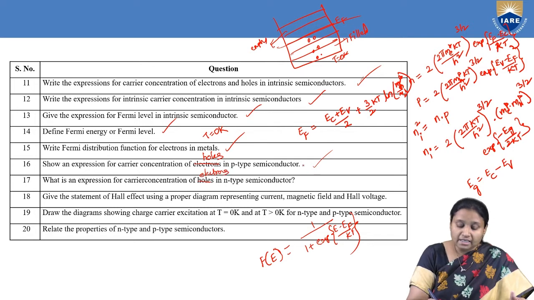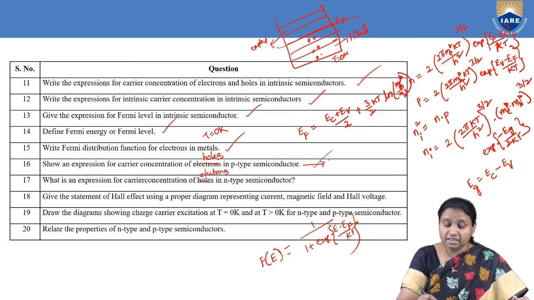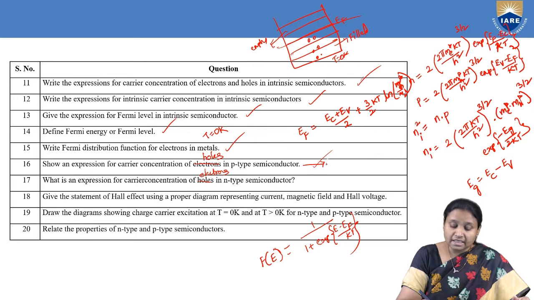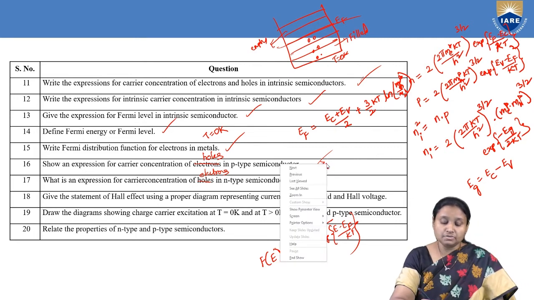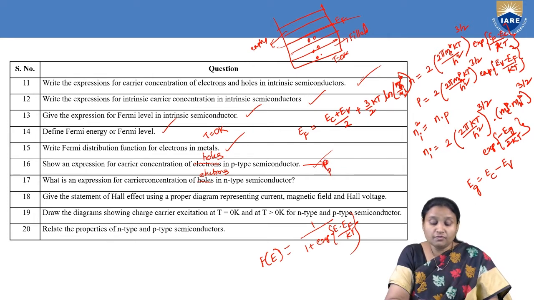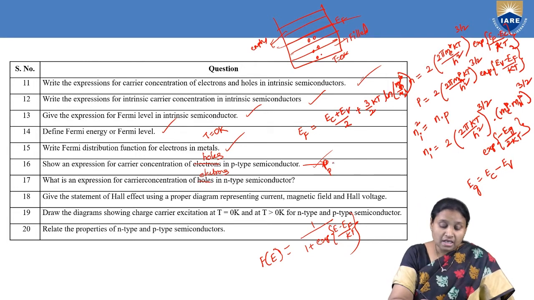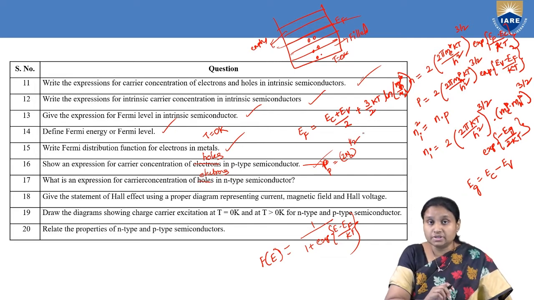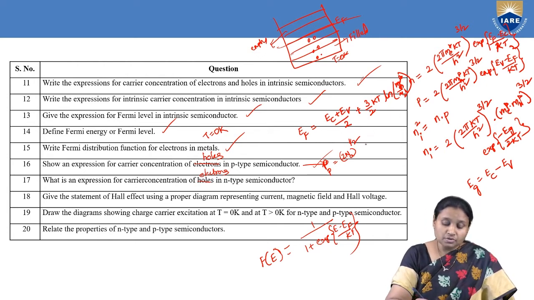If we take the expression for density of holes in p-type semiconductors, it is written as pp. What is pp? It is the density of holes in p-type semiconductor, and it is given as (2Na) whole to the power of half, where Na is the acceptor concentration, that is, the number of acceptor atoms added per unit volume of the material. (2Na) whole to the power of half exponential.